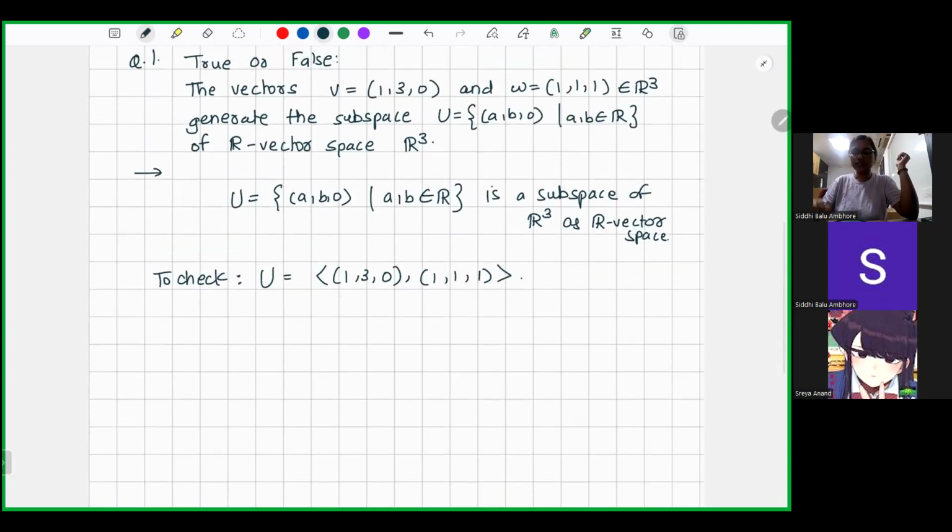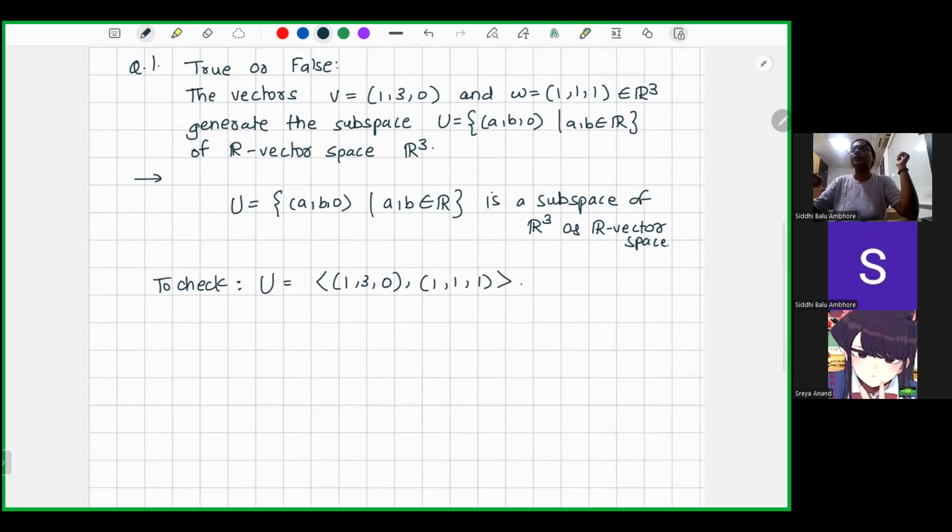When we say that something is generated by certain vectors, it means the following.